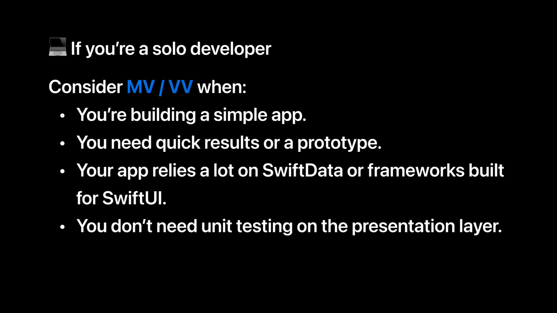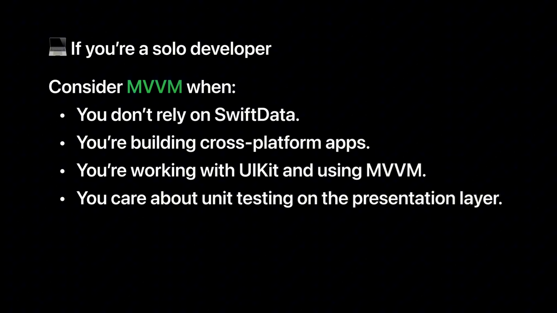And this pattern is a bit more concise than MVVM, so it might help you achieve quicker results. If you are building an app that lasts for years with complex features, and you don't get benefit from frameworks like SwiftData, and if you don't mind taking extra steps, I recommend MVVM for you.